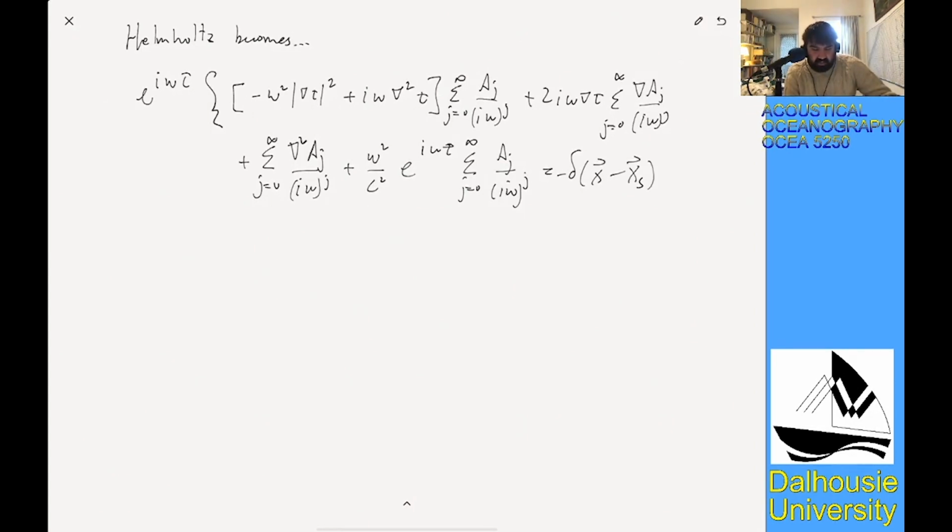Okay, so a little bit messy here, but just like we would with solving an ODE with a power series, we're going to do the same thing here by separating the equation now into different orders of omega. So that's going to create an infinite number of much simpler equations.